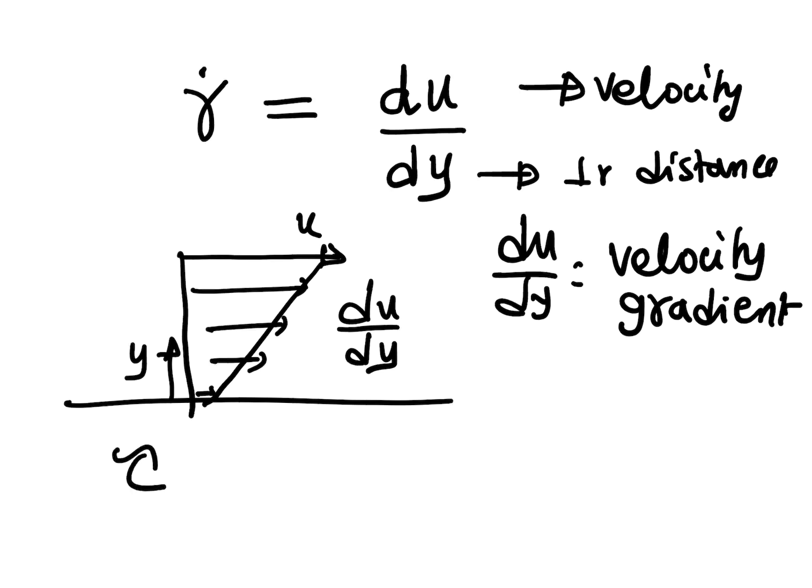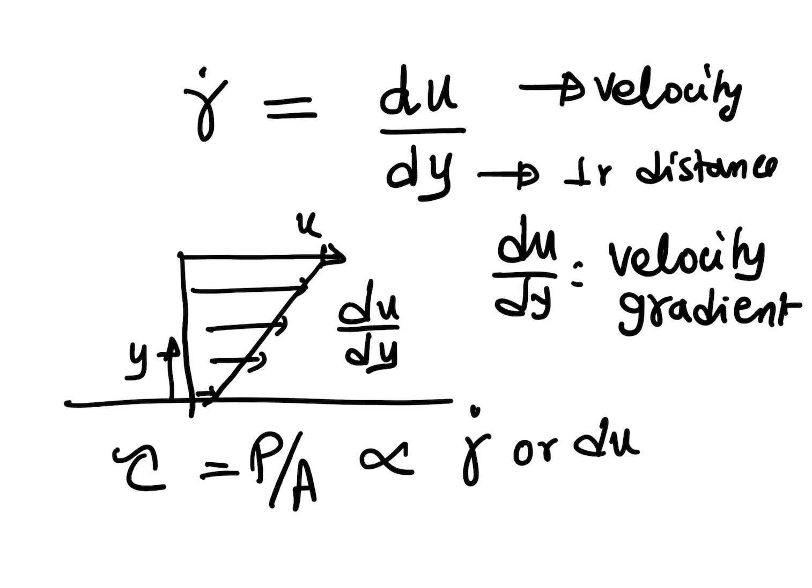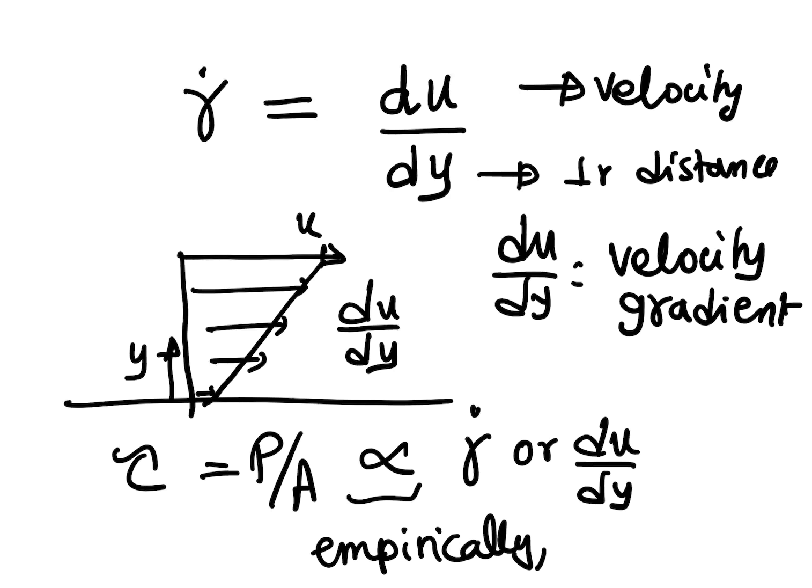Now, if we think of the shear stress P divided by A, it is usually found that shear stress is proportional to the strain rate or the velocity gradient. This symbol is proportional. This was found empirically, meaning it's usually seen in experiments.